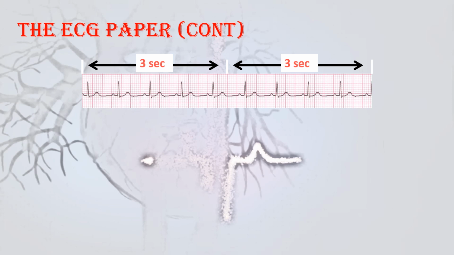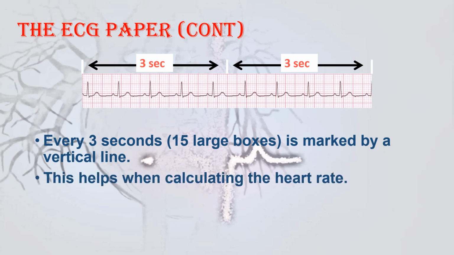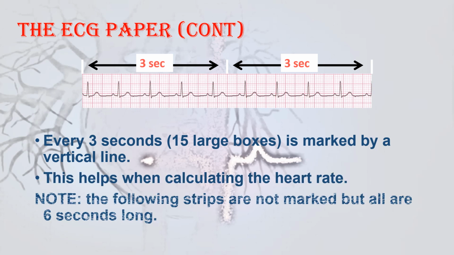Continuing with the ECG paper, every 3 seconds, as already said, one large box is 0.2 seconds, so 3 seconds comes to 15 large boxes, which is marked by a vertical line, which is helpful to calculate the heart rate.